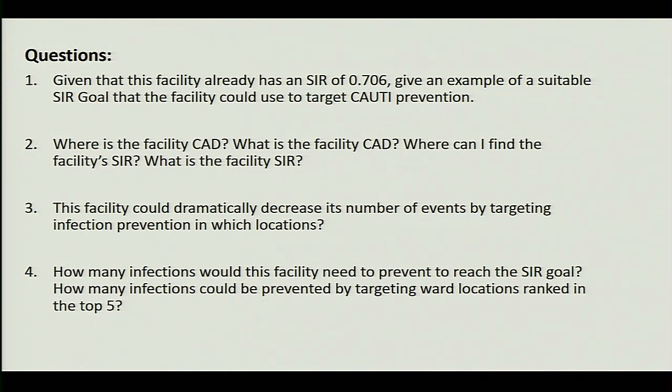Question two: where is the facility CAD, and what is the facility CAD? Where can I find the facility's SIR, and what is the facility's SIR? This facility could dramatically decrease its number of events by targeting infection prevention in which locations? And how many infections would this facility need to prevent to reach the SIR goal? And how many infections could be prevented by targeting ward locations ranked in the top 5?